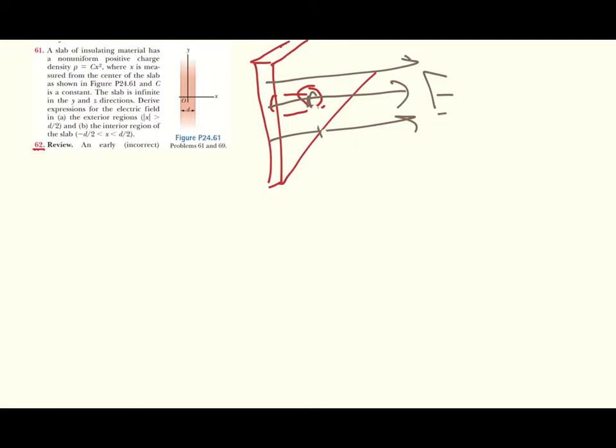Since it doesn't, we're going to have to take the integral of the density times the volume. So Q enclosed is going to be the integral of rho dV.